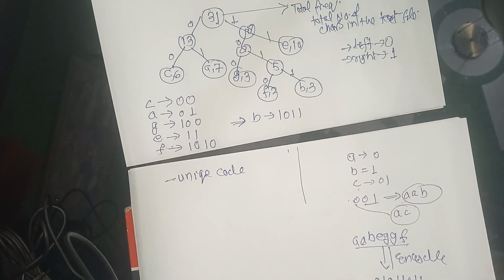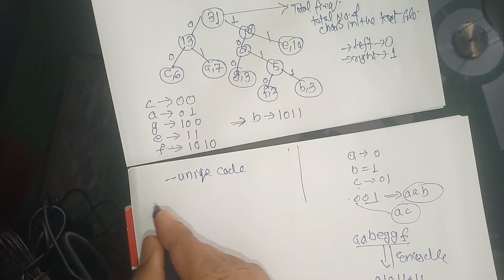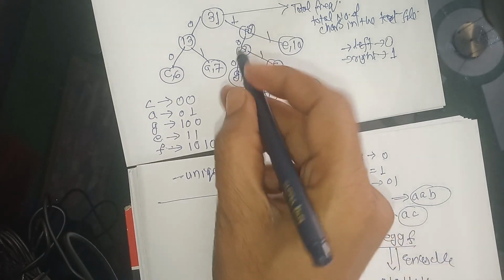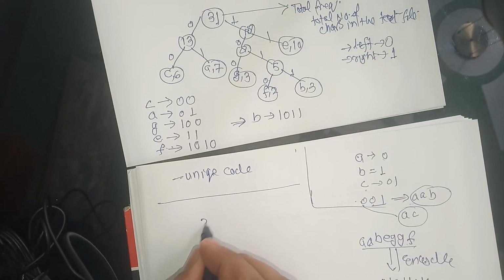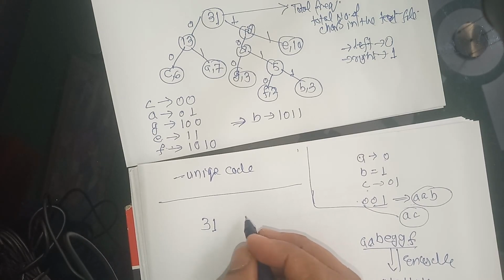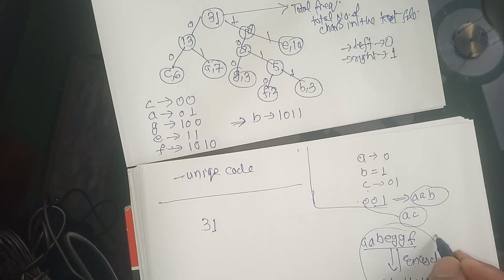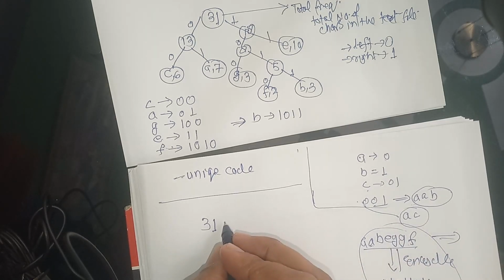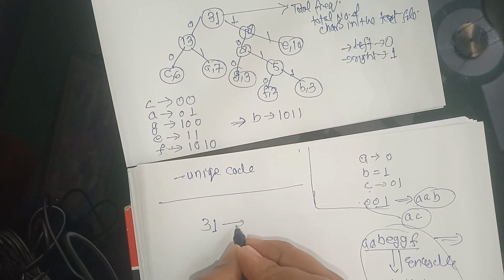So now we can see how Huffman codes are useful and helpful. Here we have 31 total characters in our file, and suppose we are using ASCII code to represent each of the 31 characters.